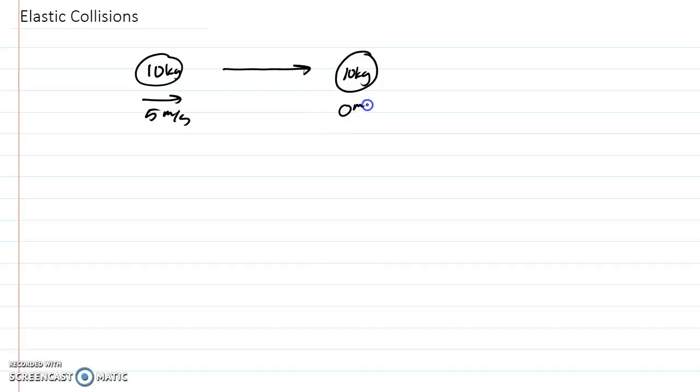So this is 0 meters per second. Now when they collide, we're going to see that we have two of these, and they should have v1 and v2 velocities. They still have 10 kilograms each, but after they collide, they should each have their own velocity.